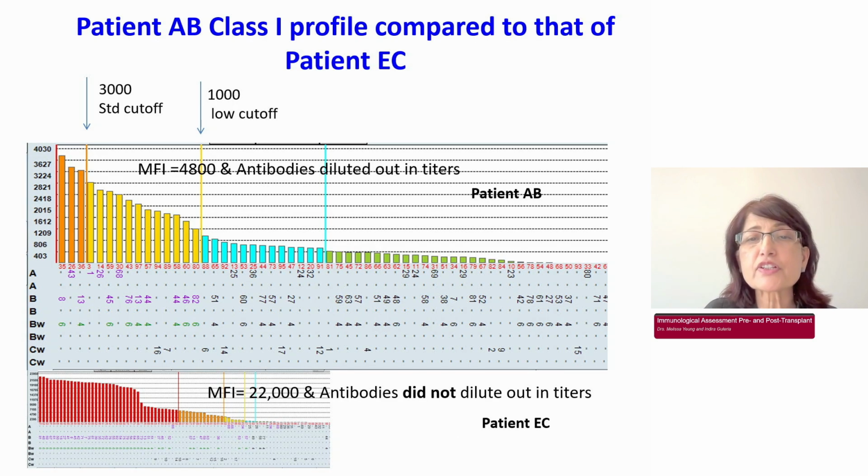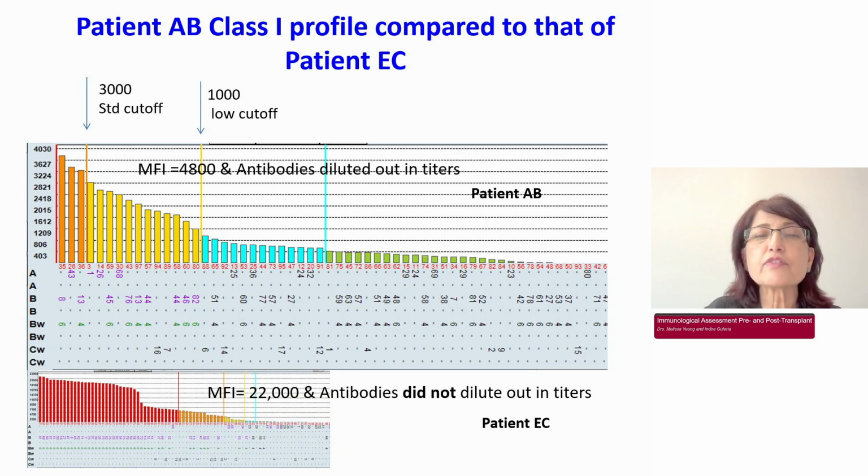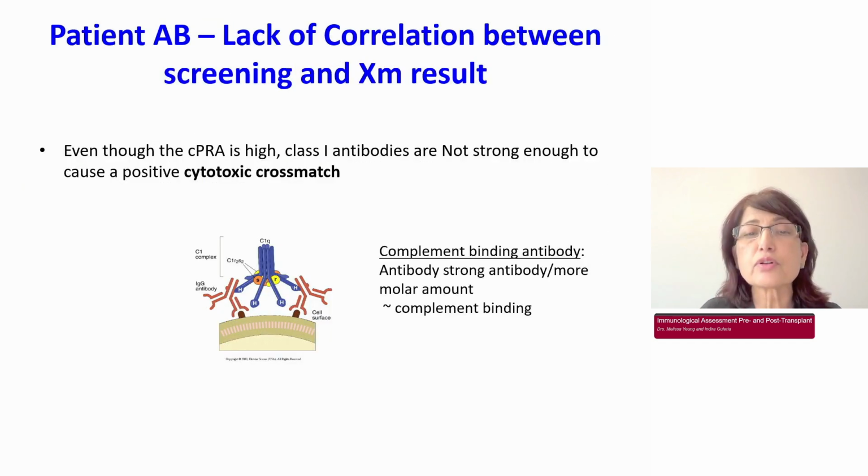This patient's profile is really low MFI, and the antibodies diluted out, thereby suggesting that it is the antibody strength or profile, because for an antibody to create a cytotoxic T cell cross match positivity, you need to have a high molar amount of antibody to recruit the C1q component, and this patient was not able to recruit the C1q component because the antibody molar amount was low, and hence the cross matches were negative, right?